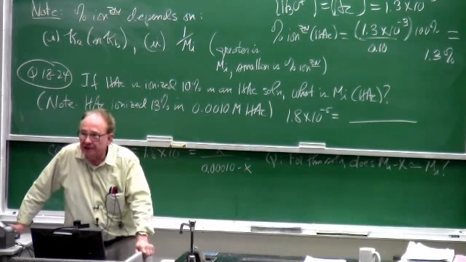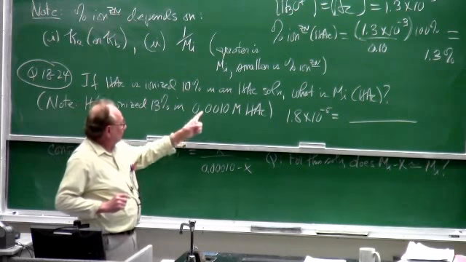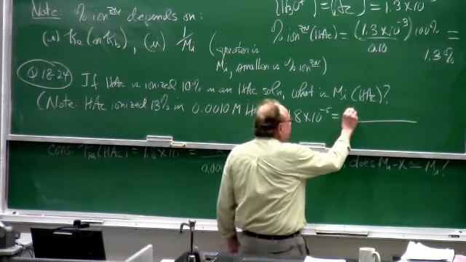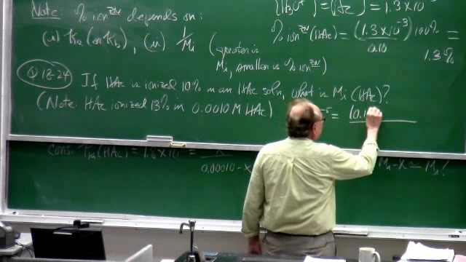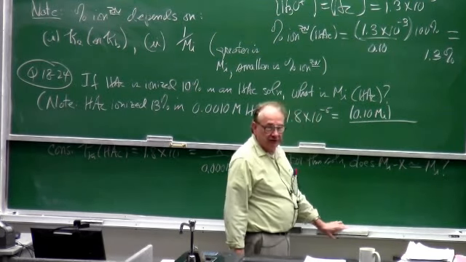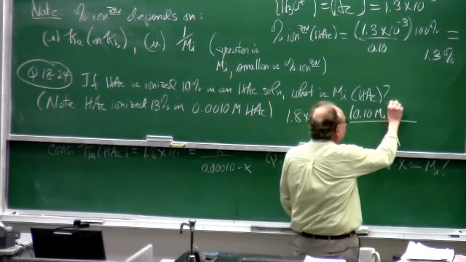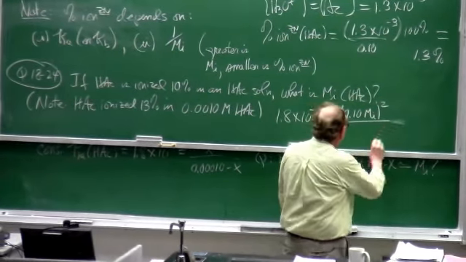How do I write 10% as a decimal? 0.10. We'll take this as 2 sig figs. And the acetate ion concentration is? Same thing. So there's the numerator.